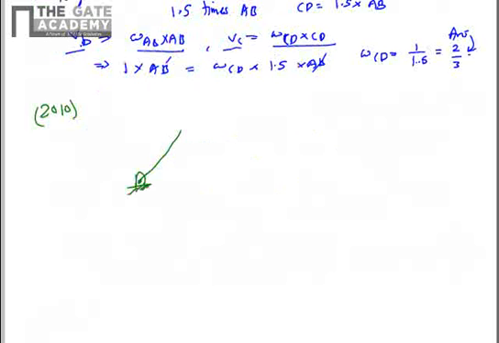In this case, a rotary link was given and a sliding block was present. The block was sliding in a link, and that link itself was connected to a rotary joint. So this point was A, B is the sliding block, and C and D is the link inside the sliding block.